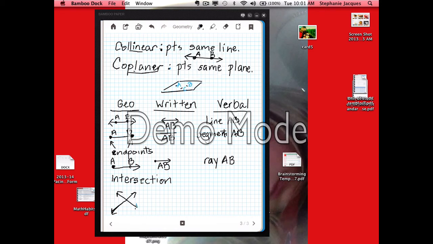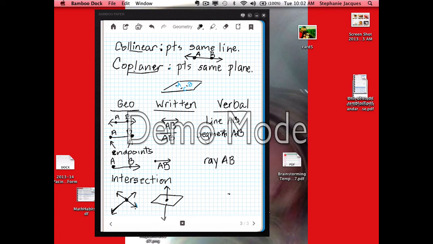So they're going to intersect at one point, which is right there. Then you could have a plane, which is a tabletop again, and you could have a line intersecting it, so it's coming through there, down this way. And that would only intersect at that one point right there.